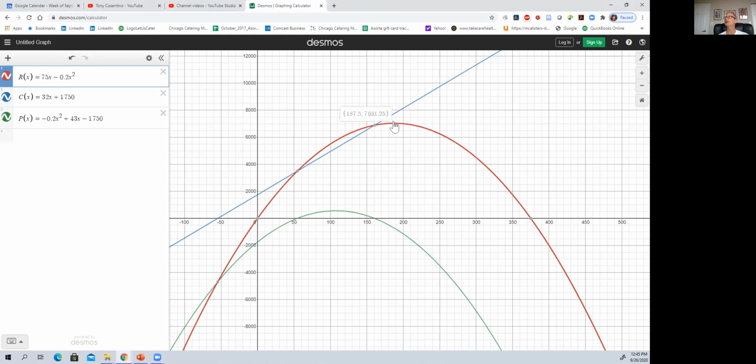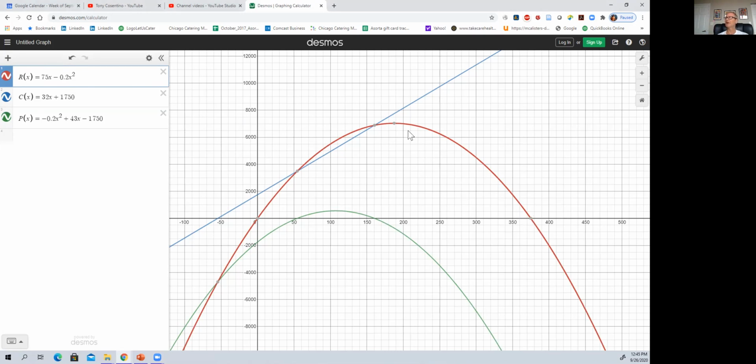It would be the maximum. And you can see it's 187.5 and then 737.25. So you could see after that, the revenue starts coming back down again. What ends up happening is this minus 0.2x squared starts to take over the equation when x gets really big. And you could see at the other x-intercept of 375 watches, you would make 0 revenue.